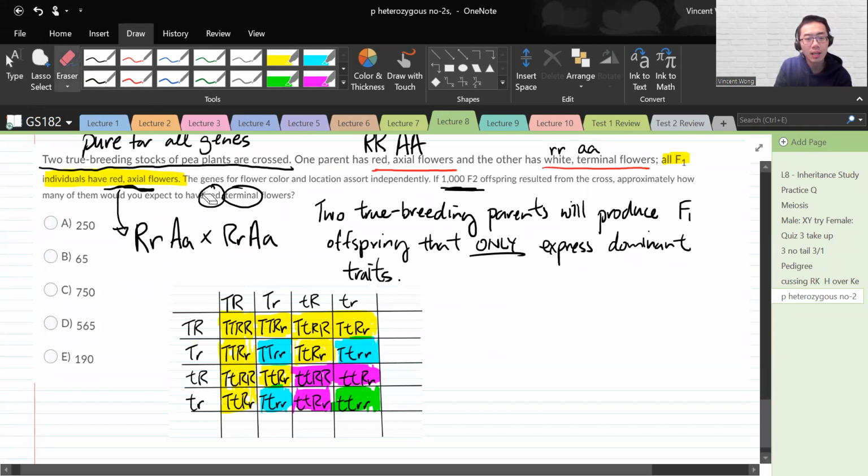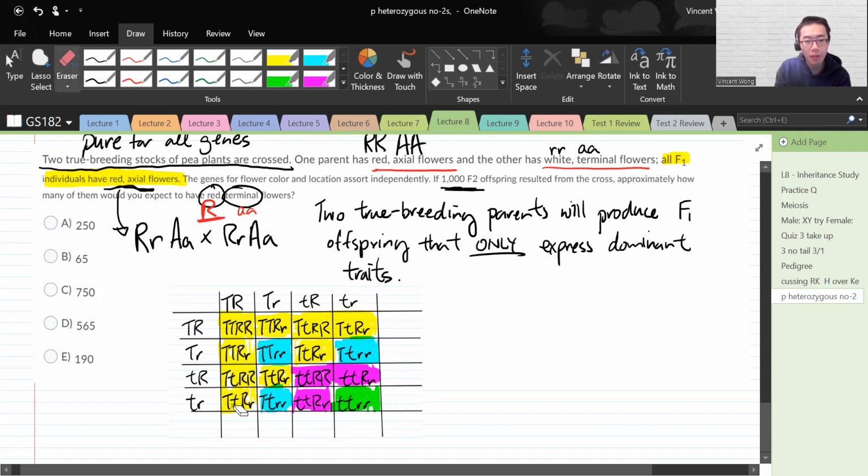So we want red, which means a big R, and then we want the terminal flower, which is the small case. So I need a capital letter for the first trait, and small letters for the second.